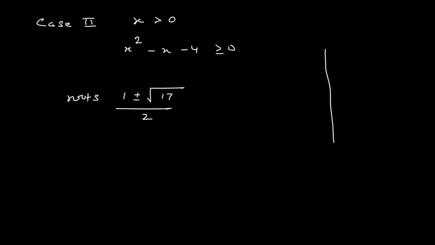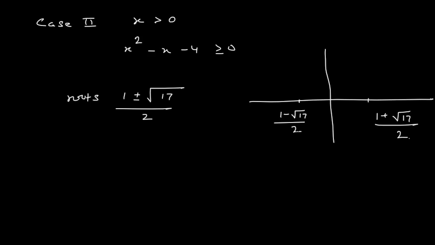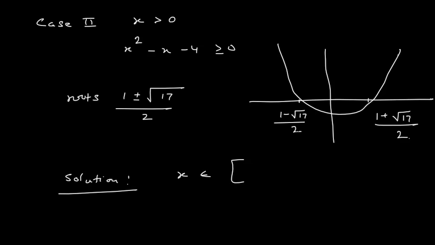Again if I plot the graph, I have a point 1 minus root 17 divided by 2, and here a point 1 plus root 17 divided by 2. Now I am talking about greater than 0, and the curve is something like this. That means the solution is x belonging to 1 plus root 17 divided by 2 to infinity.